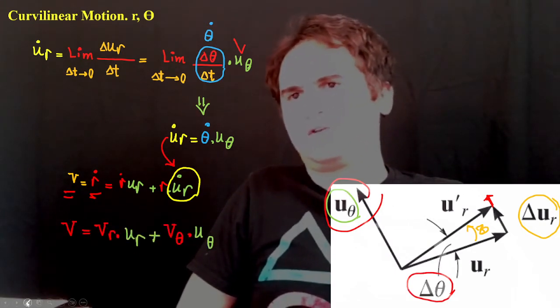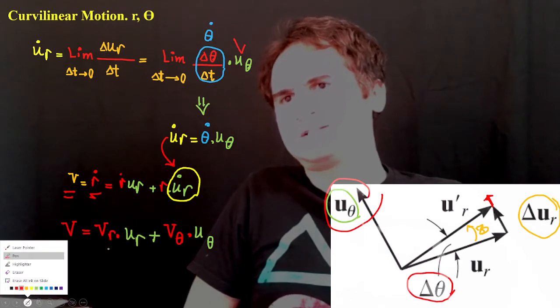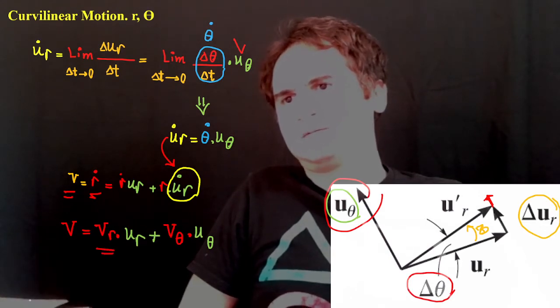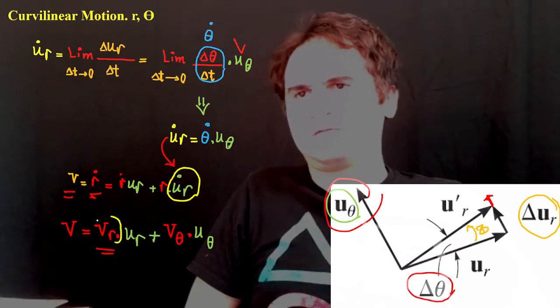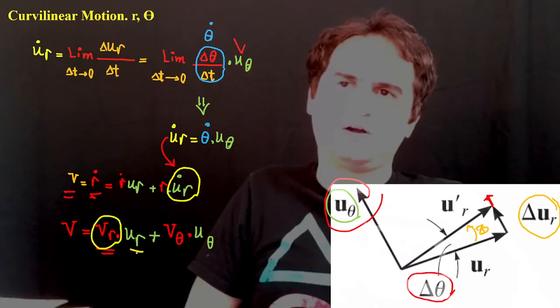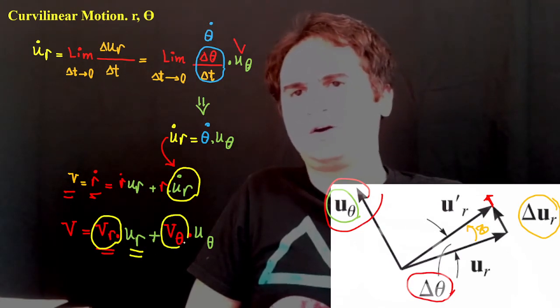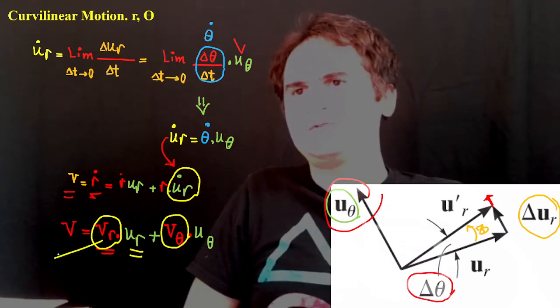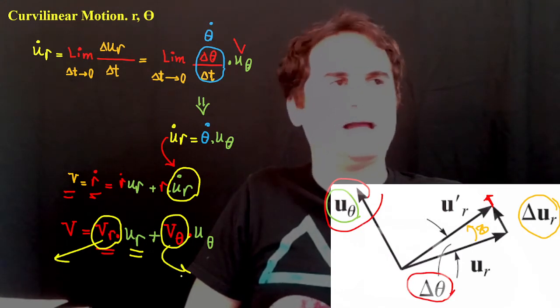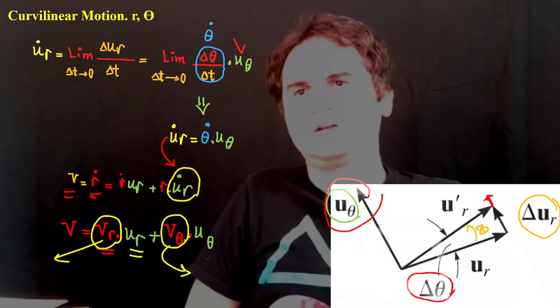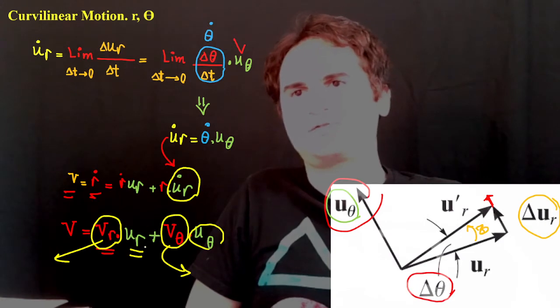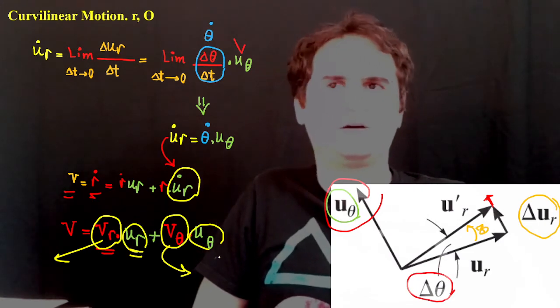So one can say the velocity is v r and v theta, the radial component of velocity and the angular component of velocity, times their own unit vectors u r and u theta.